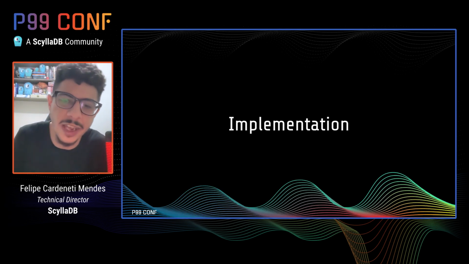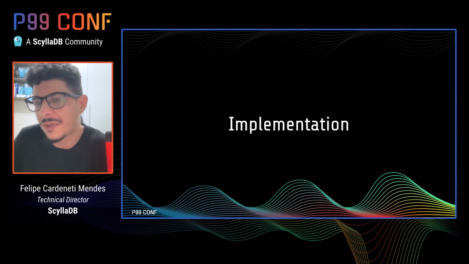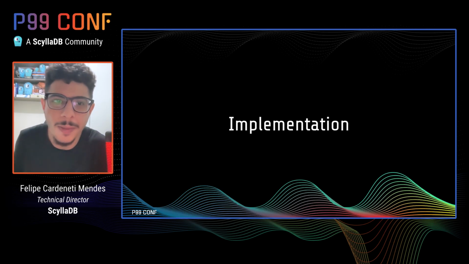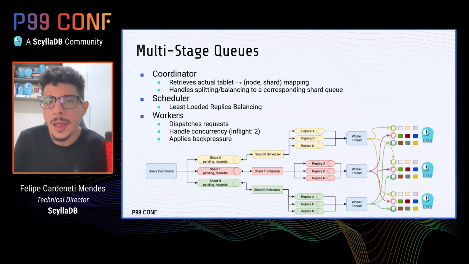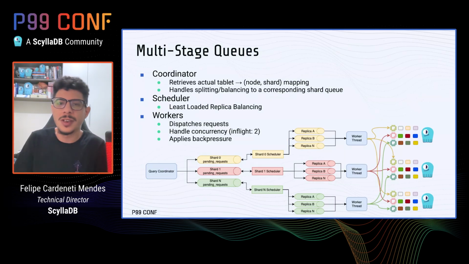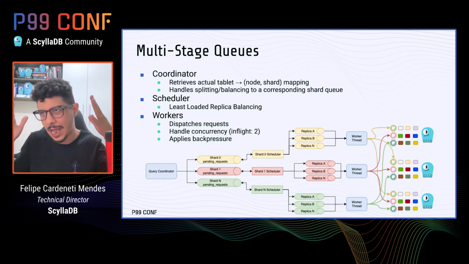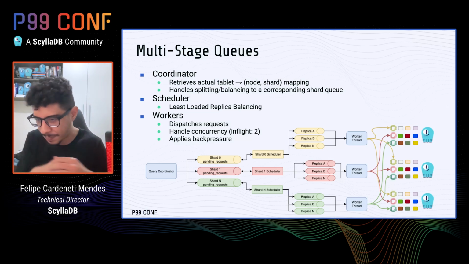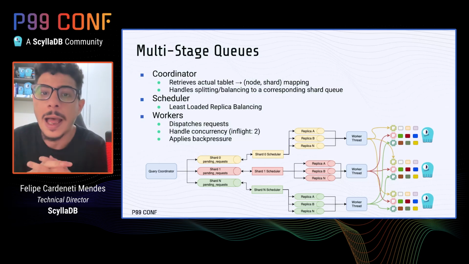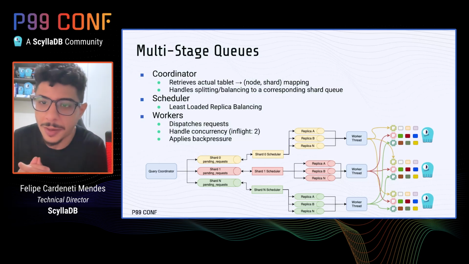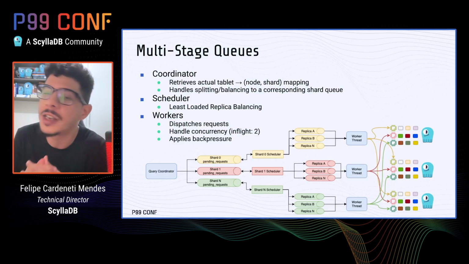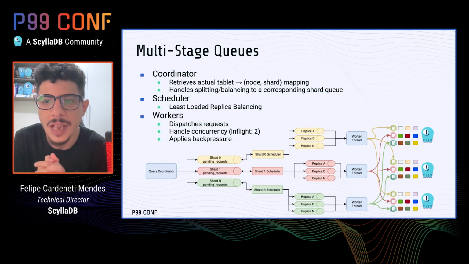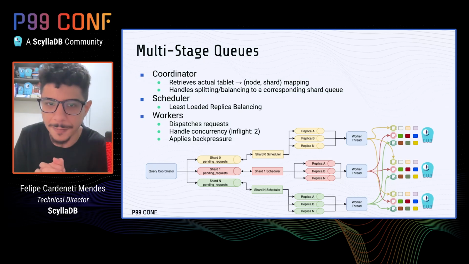Now that we understand our goal, let's see how the implementation evolves from the previous vNode-based approach. So, the approach I use introduces a new component compared with the previous vNode-based full scans topology. We introduce the scheduler, and our design basically follows a multi-stage queue design.